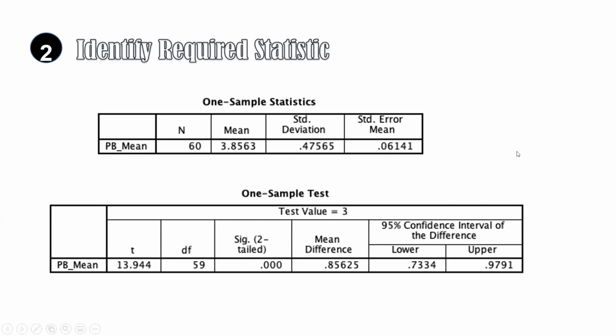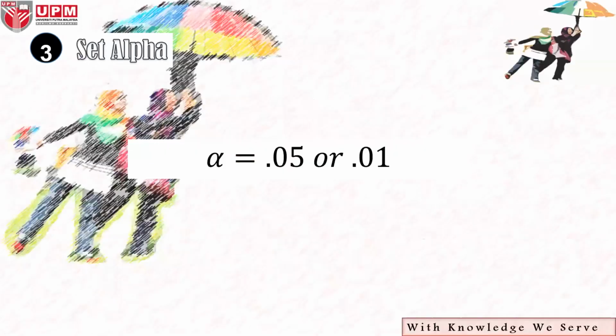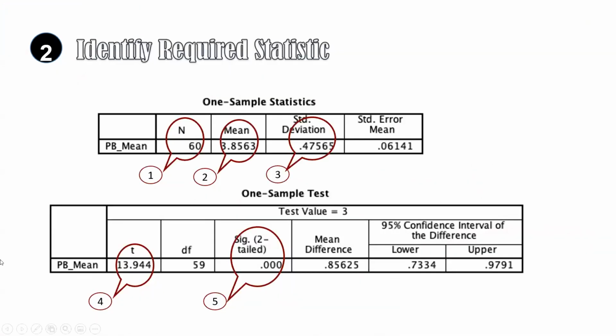So these are the two tables. What we need to report is the t value and the significant value. Those two things only. So we have already identified the two values to be reported.